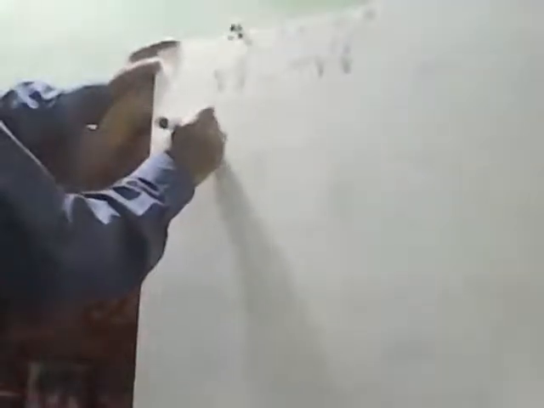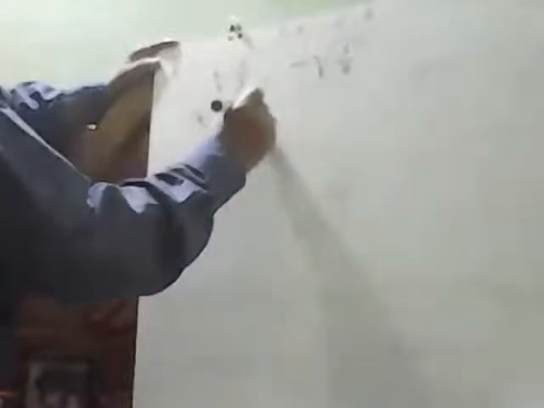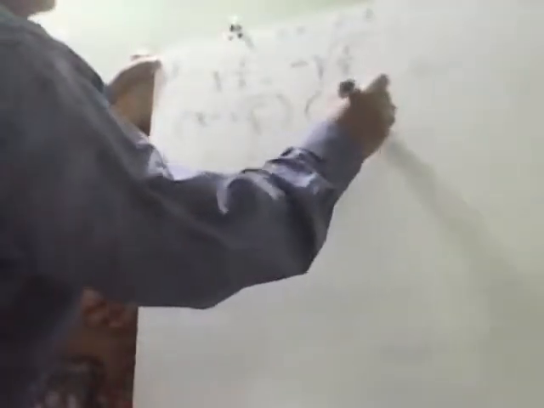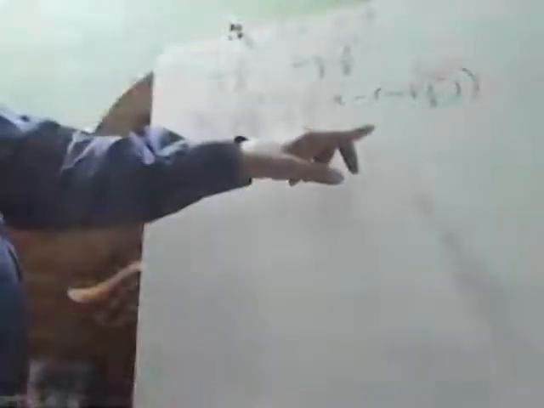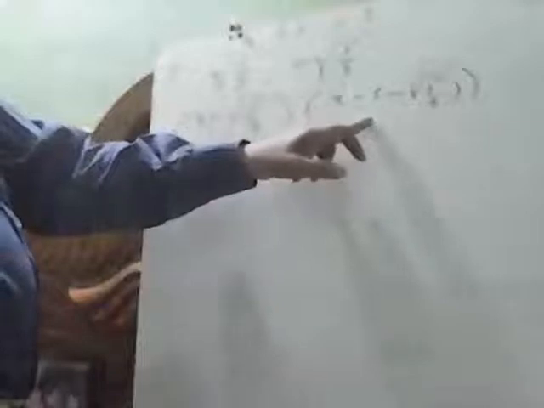So x minus root over of 5 by 3 is a factor of the given polynomial. x plus root 5 by 3 is also a factor of the polynomial.